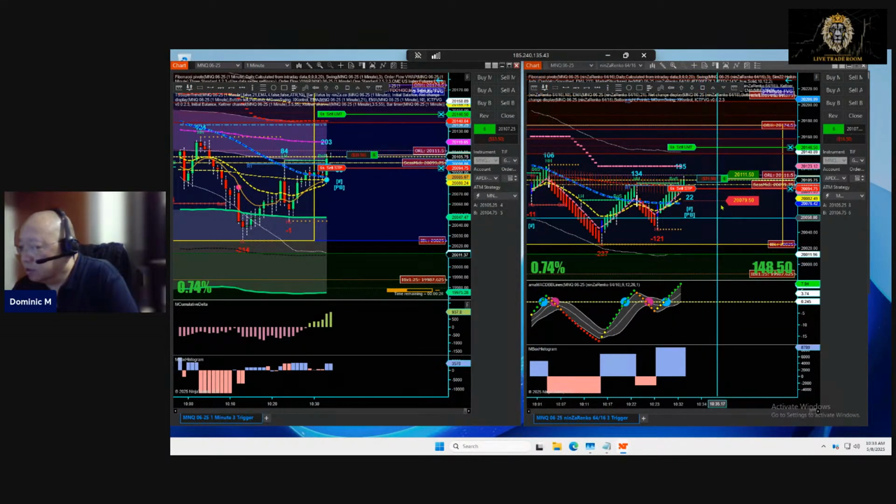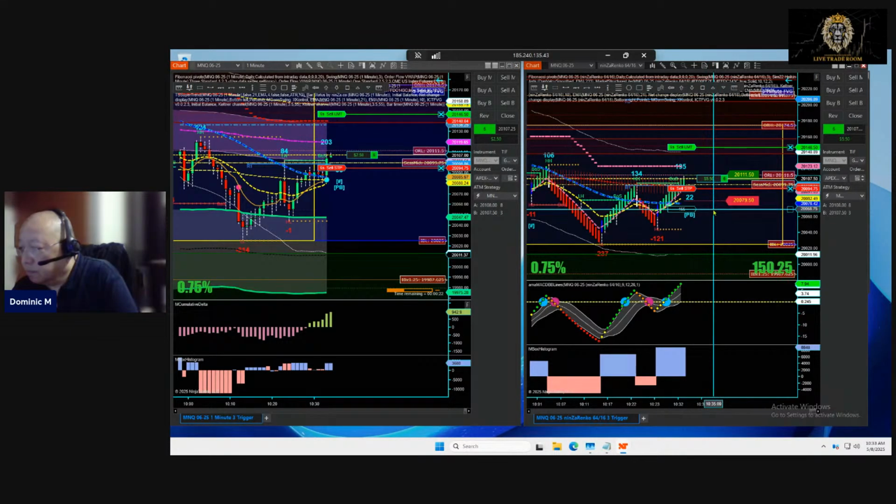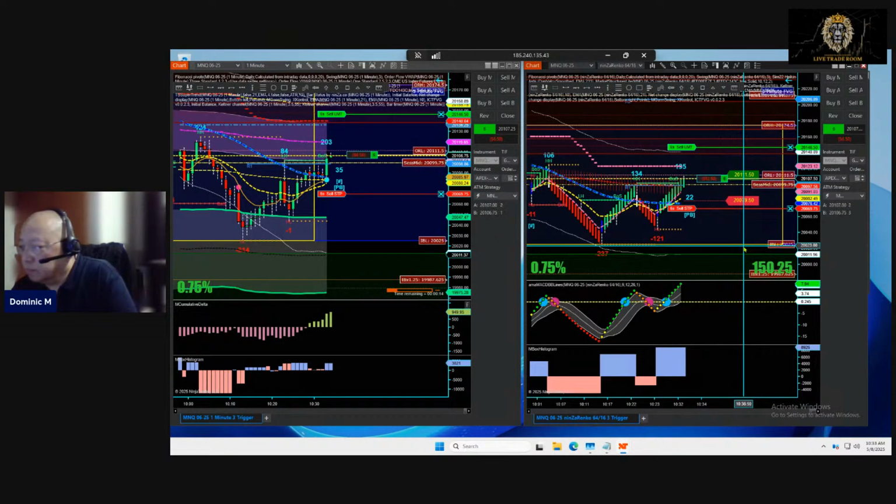Might as well switch this down. Let's see if it breaks this indicator there. Here, let's see it break the VWAP.